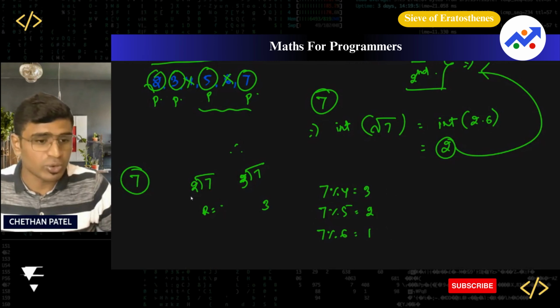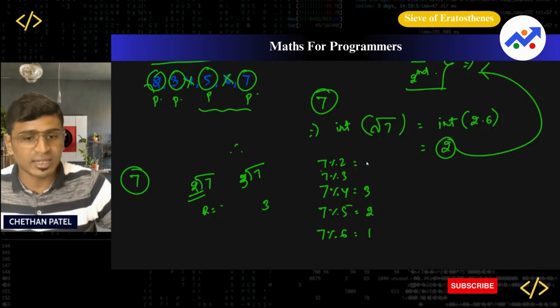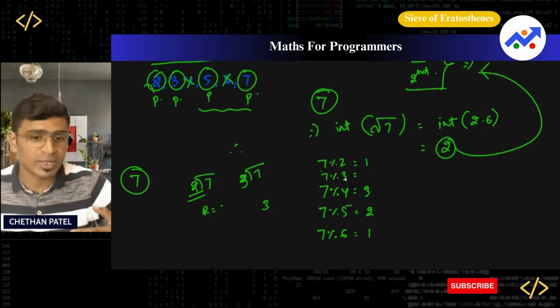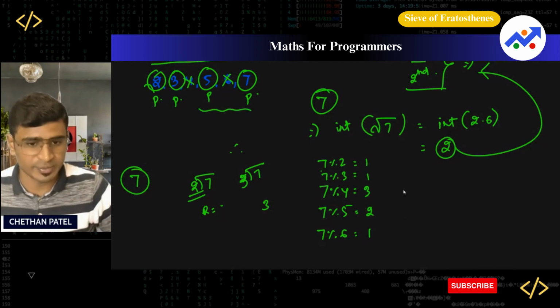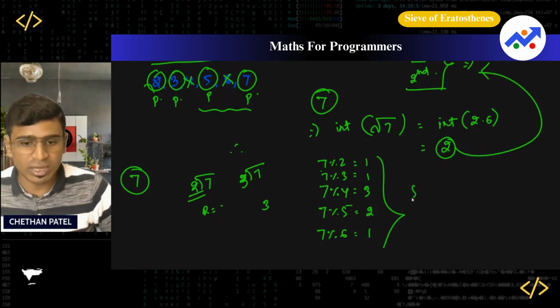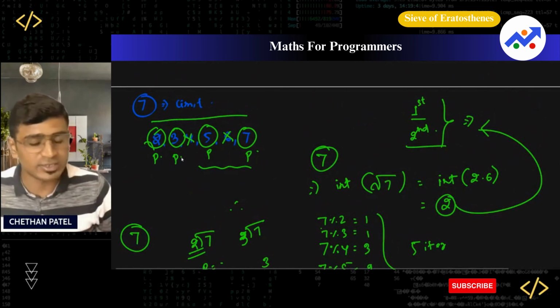In total you run the iterations from 7 percent 2, 7 percent 3, and so on: 3 twos are 6, and you get 1 as the remainder. So you would write 5 iterations, but here just 2 iterations are enough.